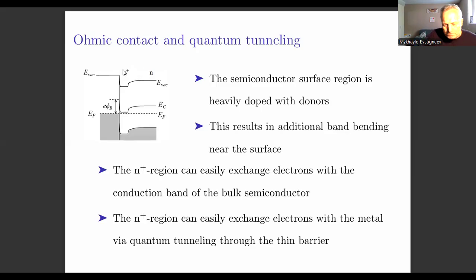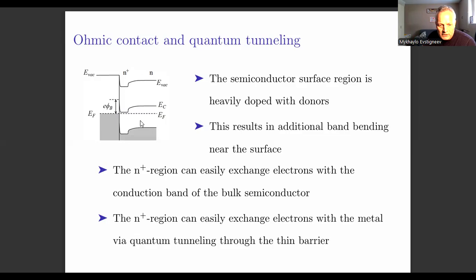Now, the heavily doped semiconductor region behaves as practically a metal because the concentration of electrons, the majority electrons here, is large. And this heavily doped semiconductor region is in contact with the moderately doped semiconductor region here. And this contact is ohmic.